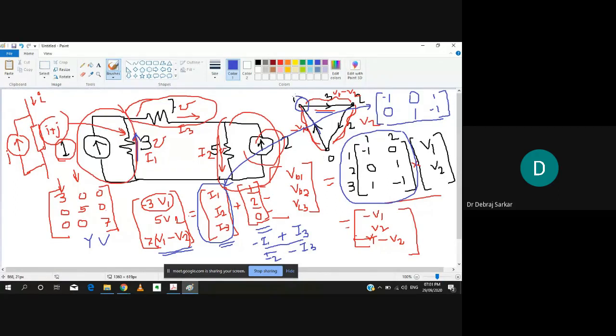This is actually Kirchhoff's law. Whatever current is getting in, that current should get out. So minus I1 and I3 should be 0, I2 and I3 should be 0. So A transpose into I is basically 0.